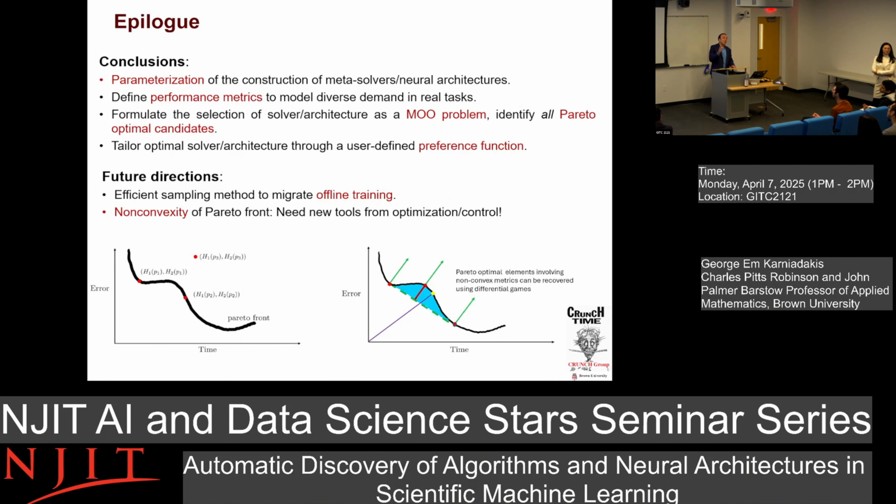It's only at the end to give you a unique solution. The optimization problem gives you a Pareto front with a bunch of solutions. They're all good. The preference function tells you, from that Pareto front, because I like speed over accuracy, I can find a unique solution.